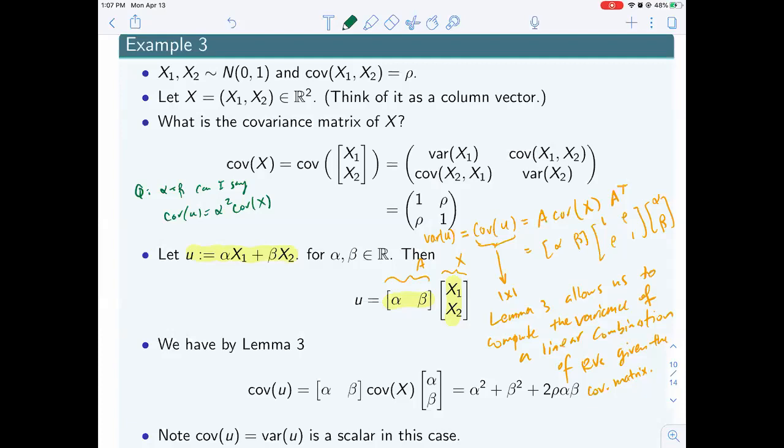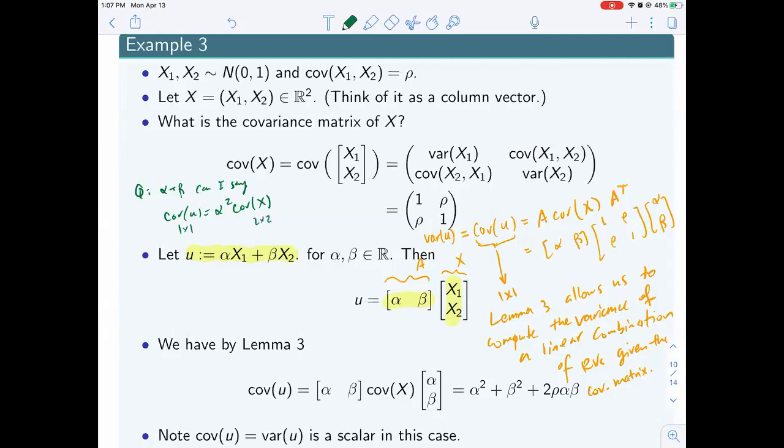Okay, someone has an answer. Do you want to talk about your answer? So the previous lemma was used when x is multiplied by a scalar and the dimension stays the same, and in this case, U is of different dimension than X, so it's not applicable. Right. So the covariance of U is going to be 1 by 1.